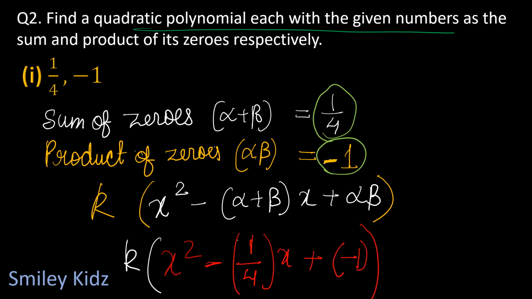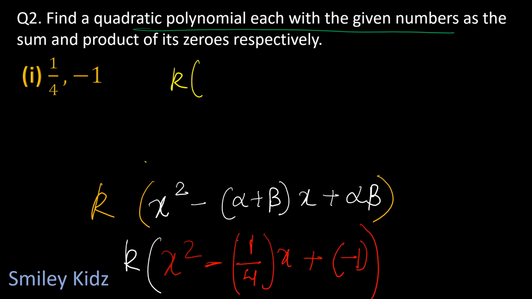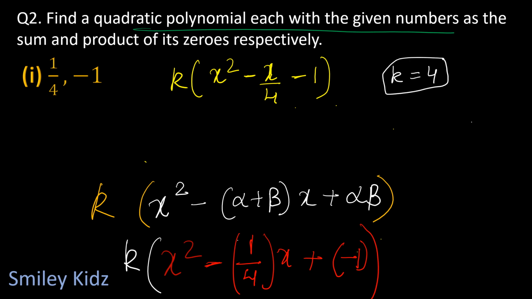Now on simplifying this further, we get k multiplied by x square minus 1 by 4 into x, or x by 4, plus, so plus minus will turn out to be minus, isn't it? So -1. Now this 4 over here can be removed by multiplying. So here we can take the value of k as 4 and multiply the entire equation by 4, and then we can delete this particular 4 as the denominator of x, right?